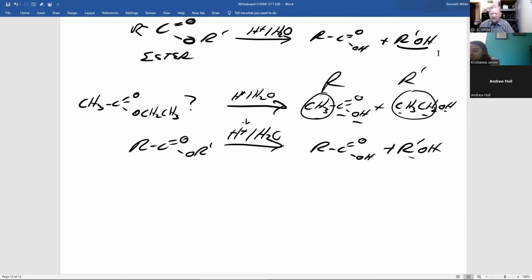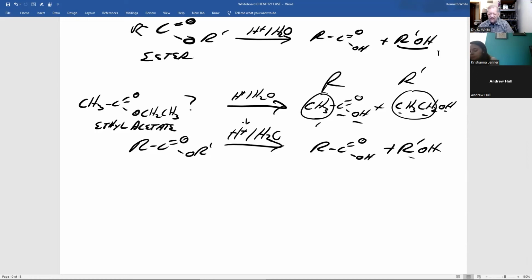Anybody see the significance of this reaction? Everybody give up? All right. What's this? Ethyl acetate. That's the common name. Nobody uses that IUPAC name.